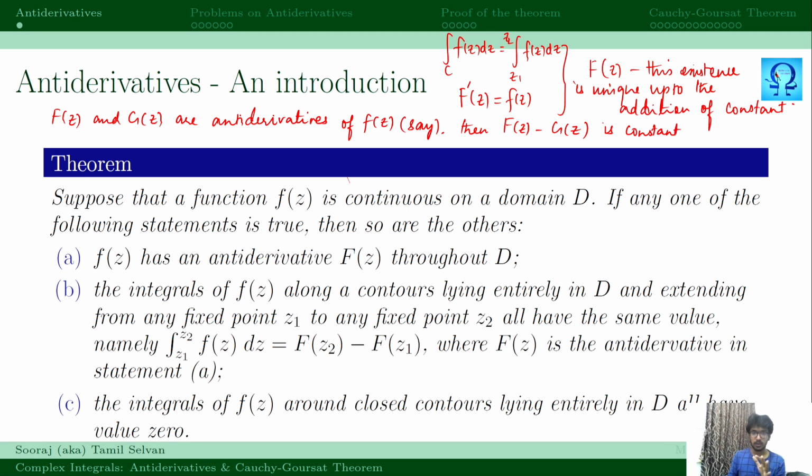If the existence of an antiderivative is true, then the other two statements will be true. That is what they meant. As of now we are not going to prove this theorem. We just go through what is given in the theorem and work out a few problems, then we'll come back to the proof of the theorem.